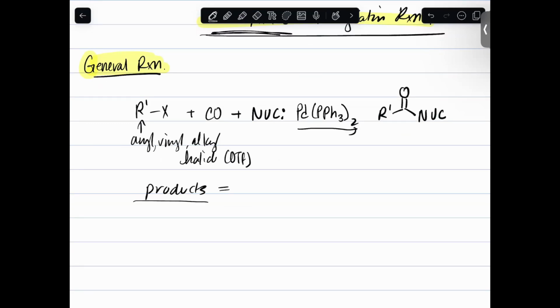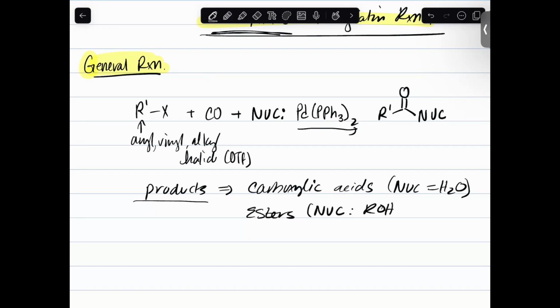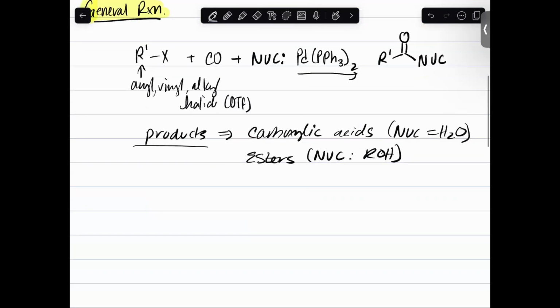So your products are typically carboxylic acids if your nucleophile is water, esters if your nucleophile is an alcohol, or amides if your nucleophile is a primary amine or a secondary amine.